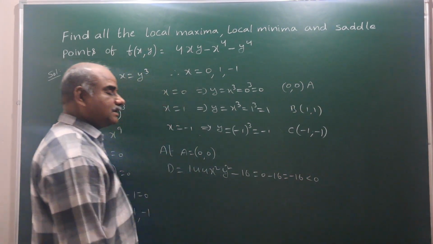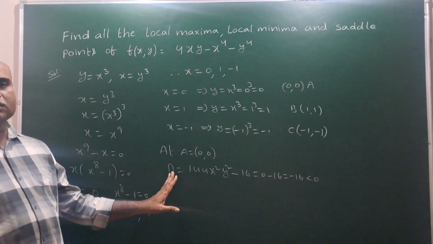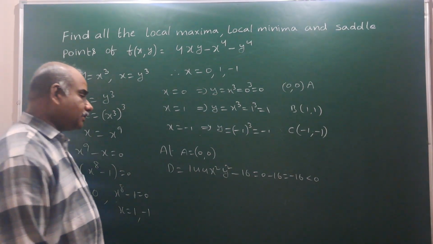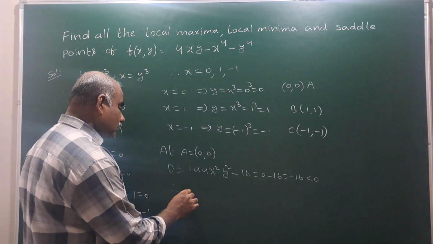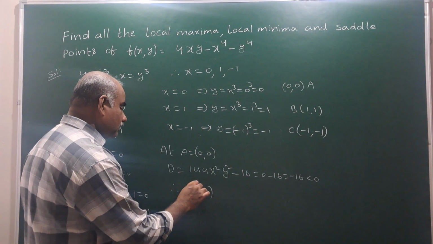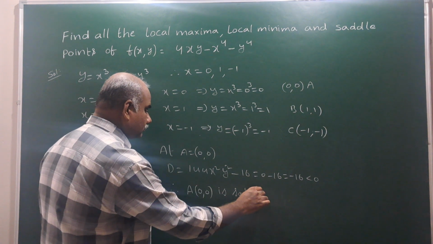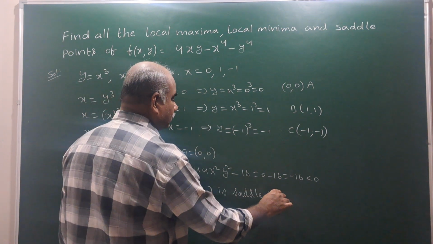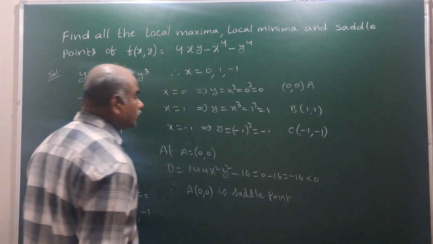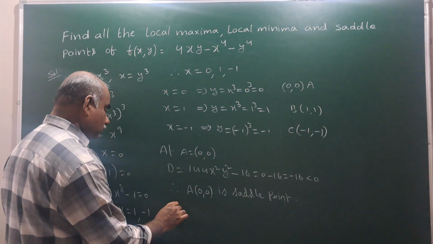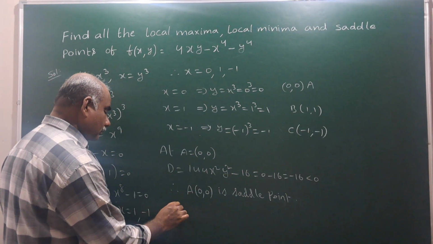Minus 16 is less than 0. If the discriminant is less than 0, then the point is said to be a saddle point. Therefore, (0, 0) is a saddle point.